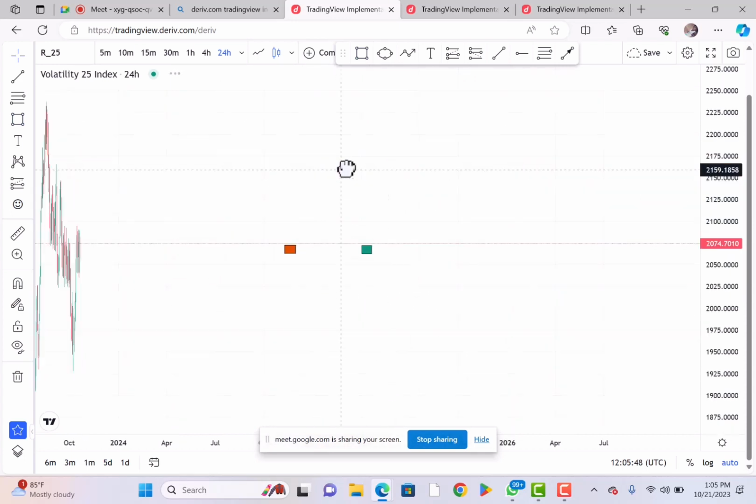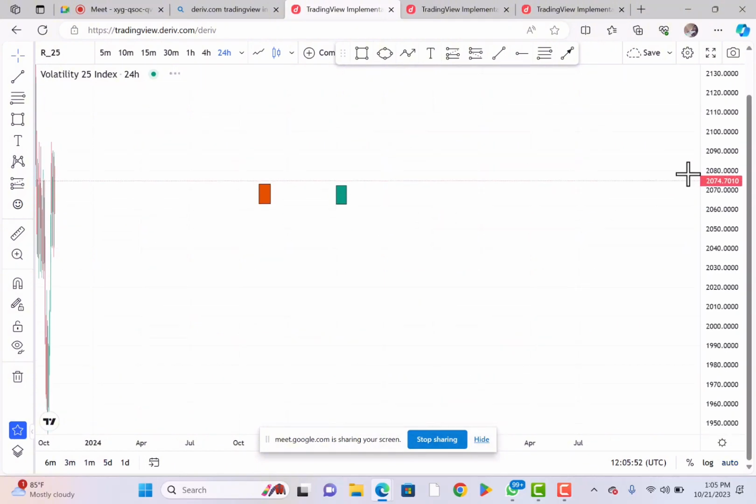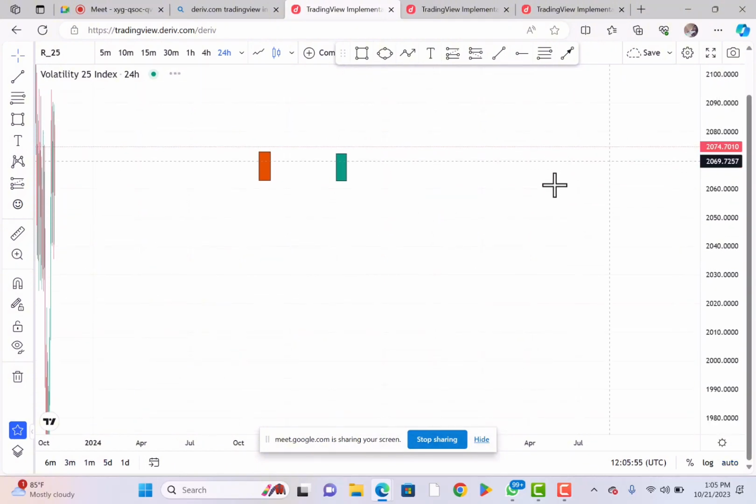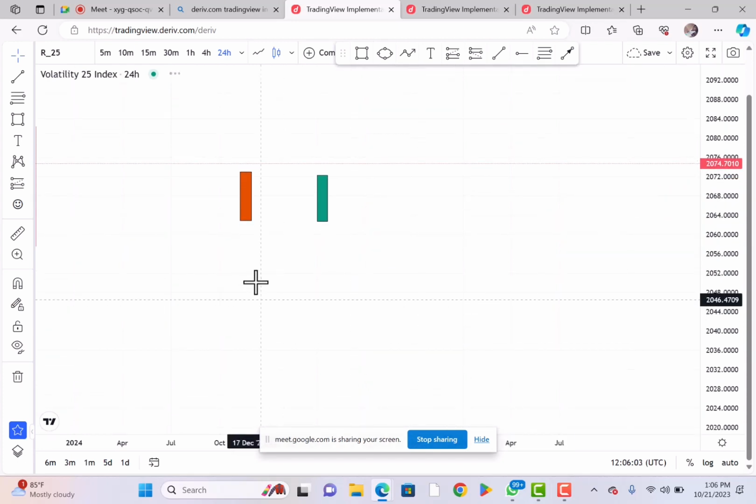You identify these candles by their colors. The red one is the bearish candle, although some platforms may use black and white. It doesn't matter what the convention is, but technically we have two types of candles: the bearish candle and the bullish candle.